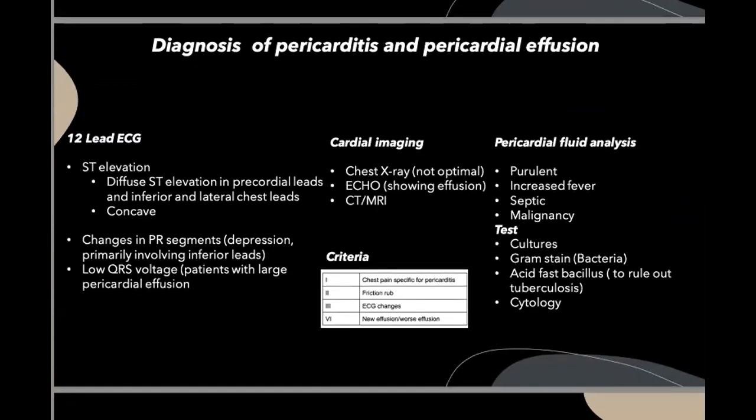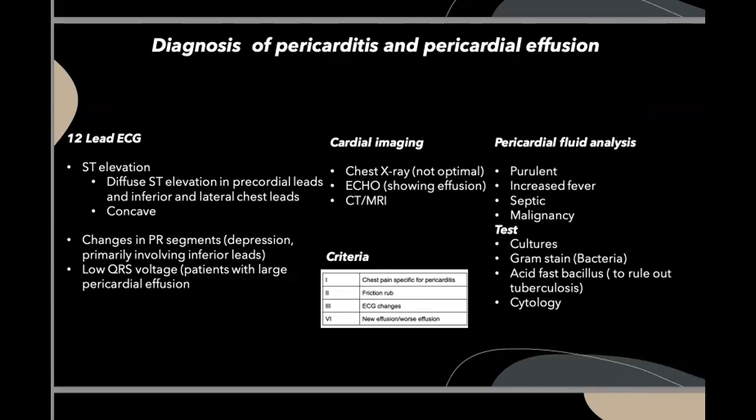So talking about diagnosis of pericarditis and pericardial effusion, we can use a 12-lead ECG when it comes to acute pericarditis, and this will show you ST elevation. It will be diffuse, it will be concave, and I have a picture that I will be showing about this ST elevation, and it will be mainly in precordial leads, also in inferior and lateral chest leads.